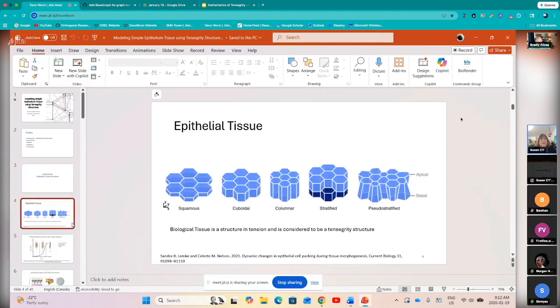So this is epithelial tissue, and it has a certain structure. It's different from the interior tissues, which fit together more like bubbles, and they're more of a hexagon, not a hexagon, hexad, I don't know, 3D shape.